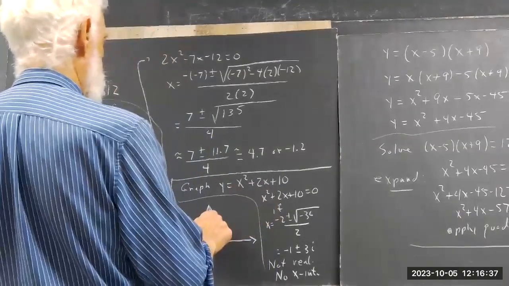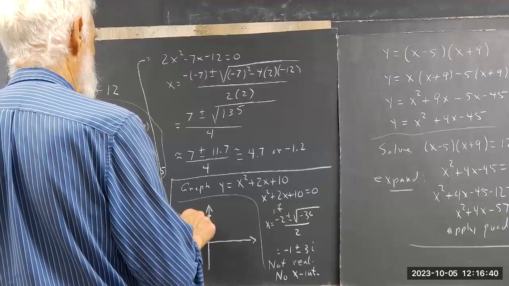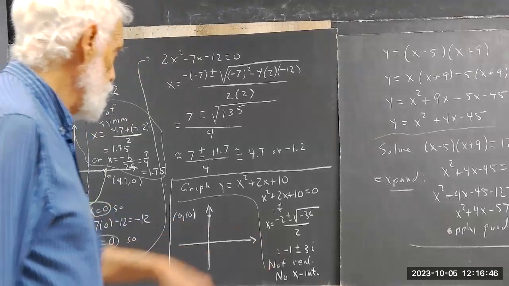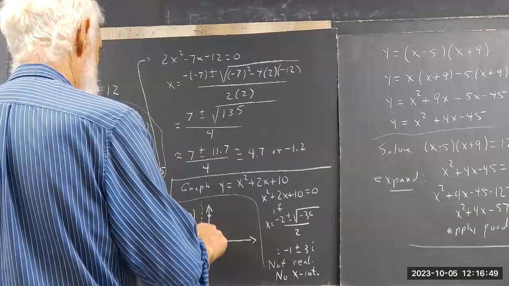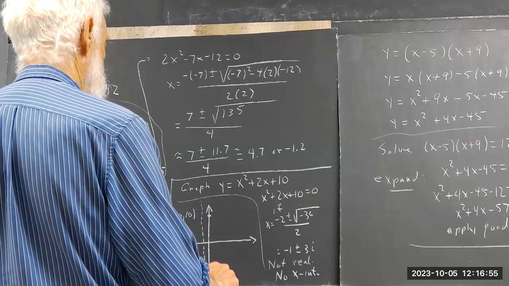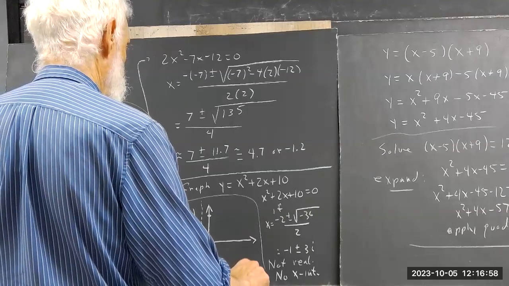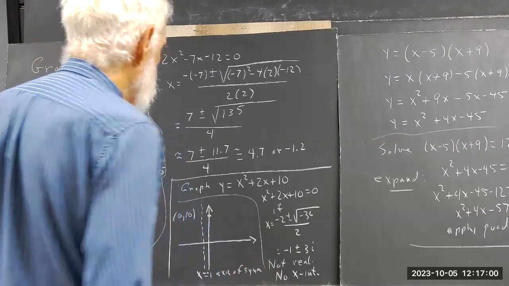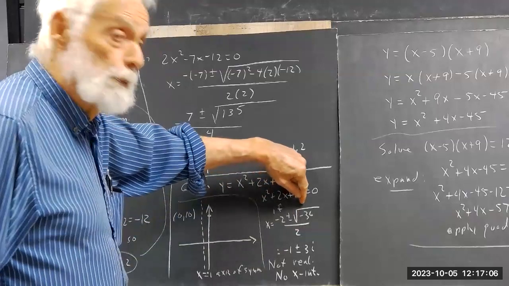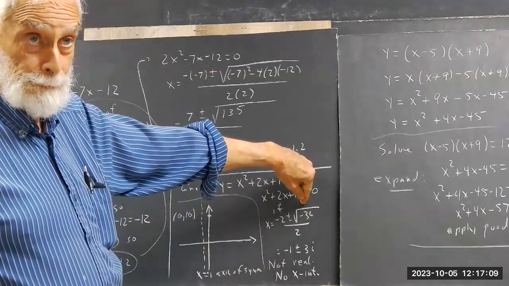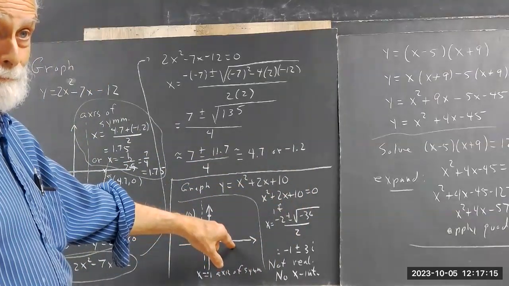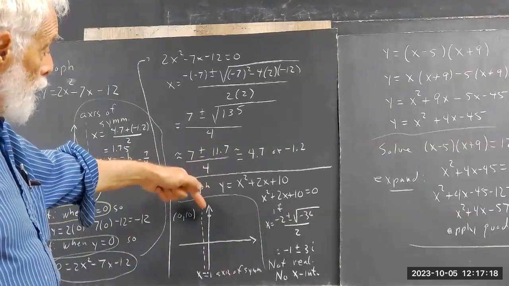Your y-intercept is 0, 10. And your axis of symmetry is x equals negative 1. Big deal. There are no x-intercepts because the square root of negative 36 doesn't give you a real number. So the graph can't go through the x-axis. So the graph goes through the y-axis here.